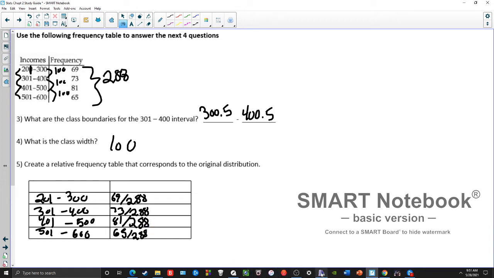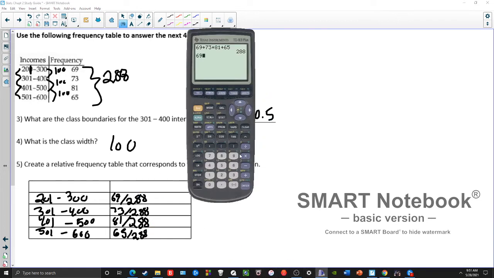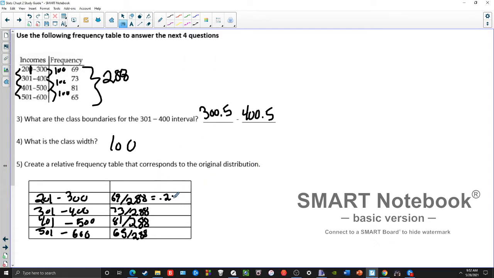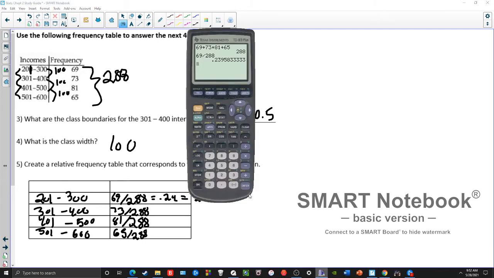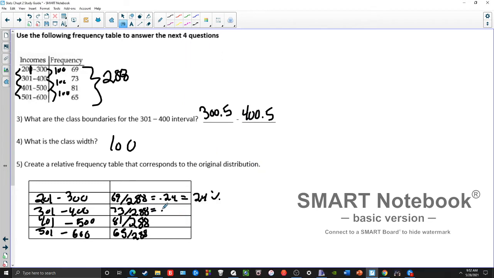And then we make them into percentages. Don't leave them as fractions. Actually do the percentage. So 69 divided by 288 gives us 0.24, or 24%. Here we have 73 divided by 288. We get 0.25, so about 25%.